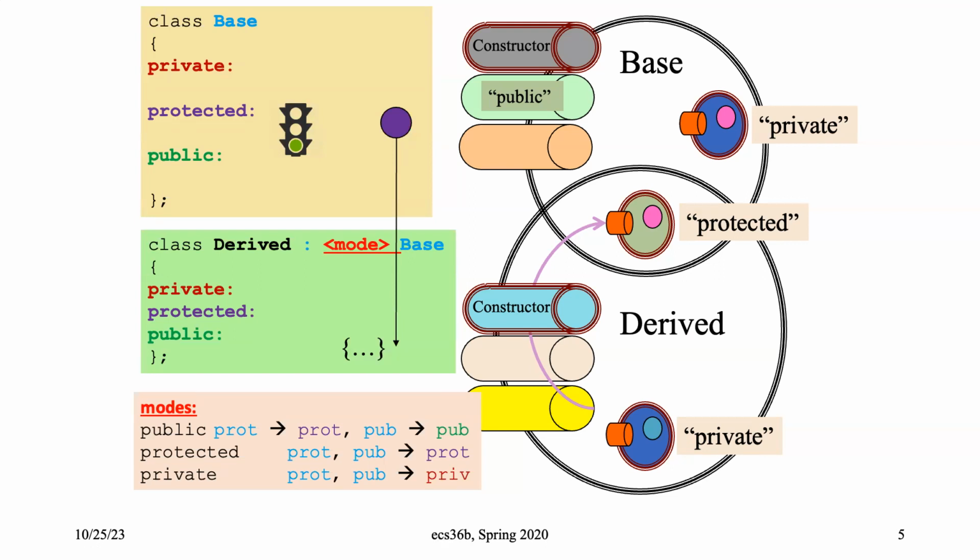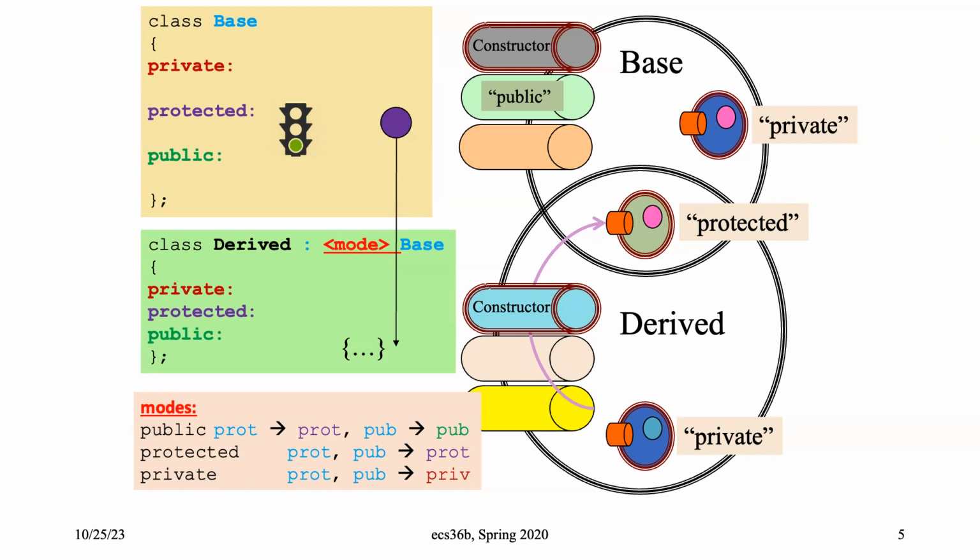All right. And if you define the mode as protected, then if you have either protected or public in the base class, in the derived class, it will be protected.